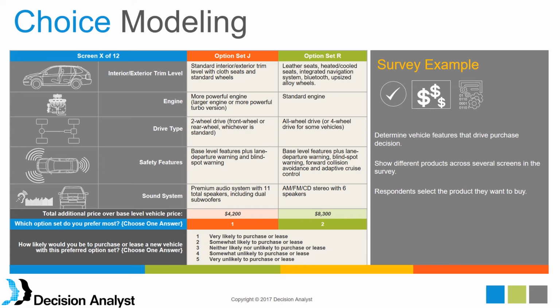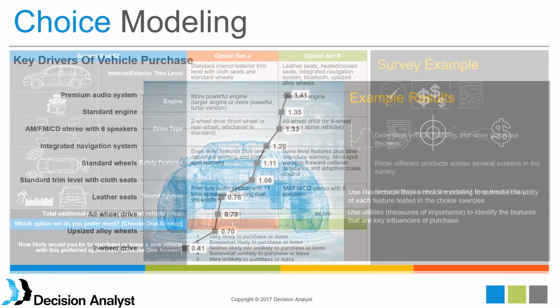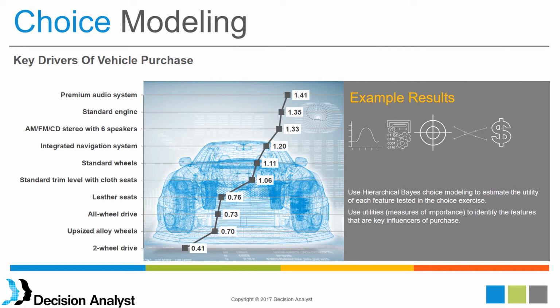A respondent would do this, in our example it was 12 times, they could do 8, 15 times. And we use those choices and model the choices on the back end to understand what the feature importance is.